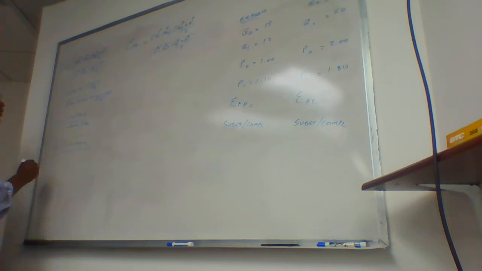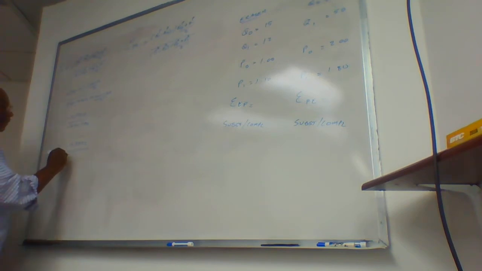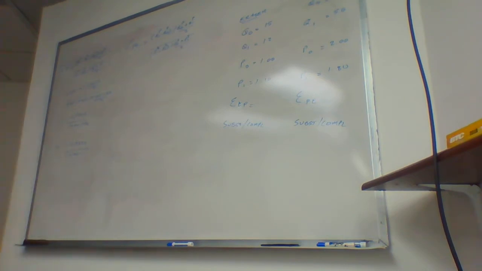Negative 0.2 divided by 1.90 gives negative 0.1053. Anybody know what negative divided by negative is? Positive, every time.